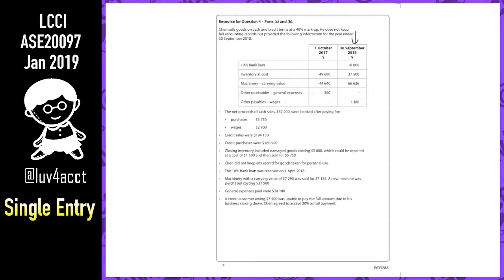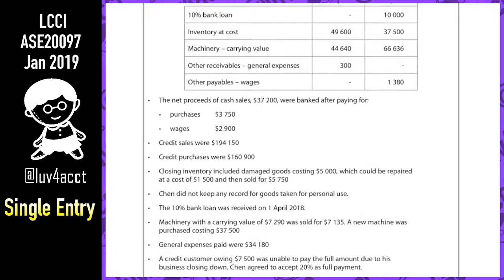Okay, and then inventory opening and closing, machinery carrying value, other receivables, other payables for general expenses and wages. Net proceeds of cash sales, 37200 were banked after paying for the following.